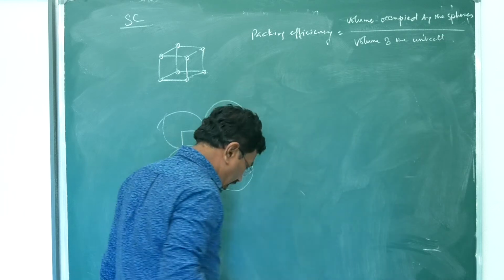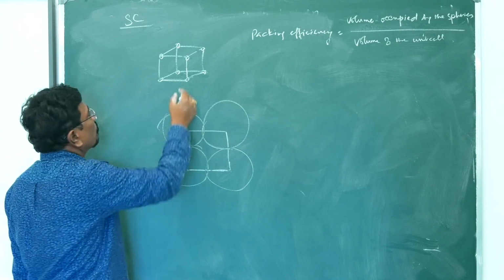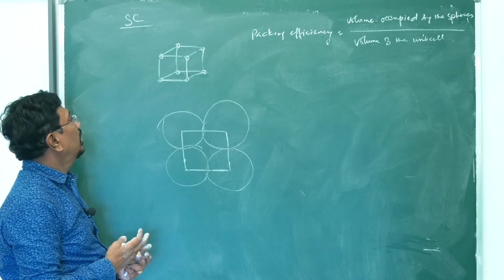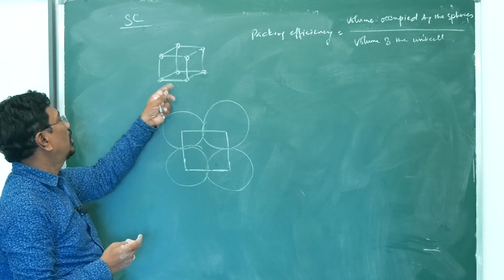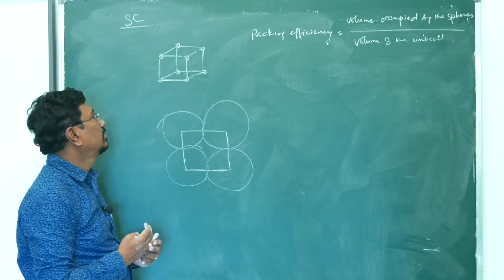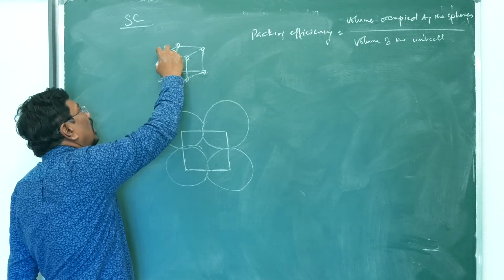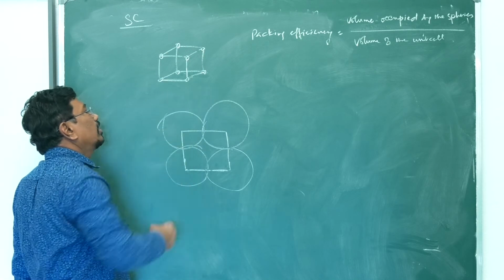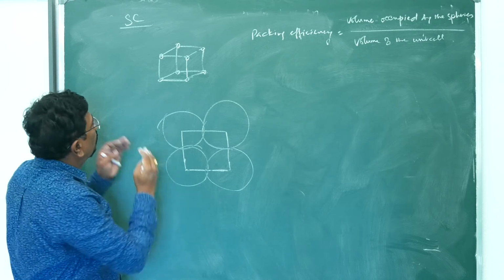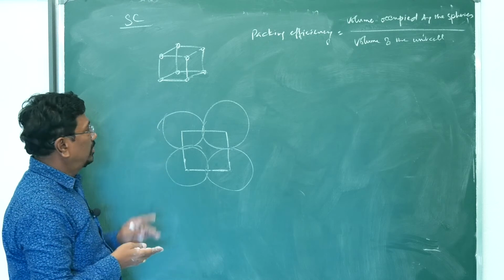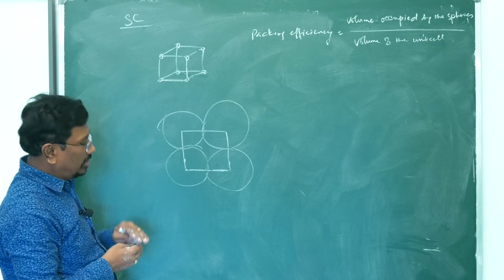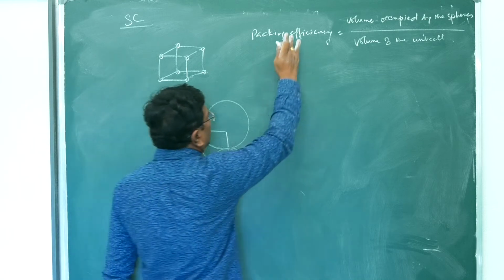We have discussed already, an atom at the corner is shared by 8 unit cells and therefore contribution is 1/8 only. And therefore, how much volume is occupied by this particular unit cell? That we are going to see. When it is divided by volume of the unit cell, you will be getting packing fraction.